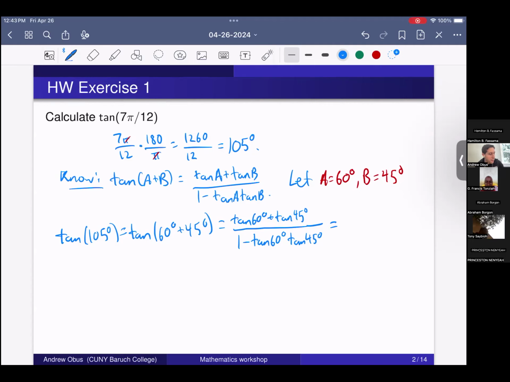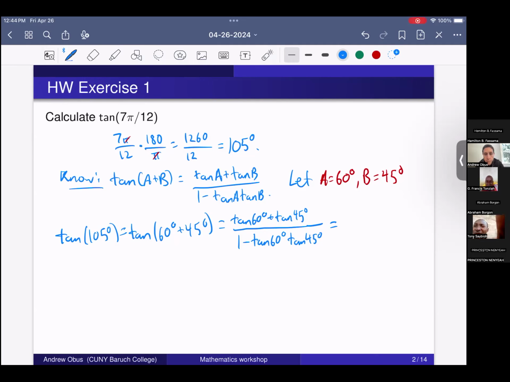So these are the good ones to have memorized, right? 30, 45, and 60. Remember tangent of 60 degrees? So what's tangent of 60 degrees?